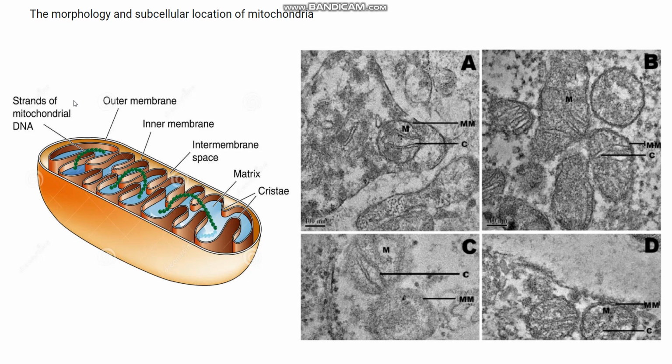Then we have the inner membrane, which is this one right here, which is much less permeable. And between the outer membrane and inner membrane, we have the intermembrane space. The intermembrane space is rich with fluids and protons, and this is very concentrated with proton ions, which is very helpful for the electron transport chain, which I'll talk about in my next video.